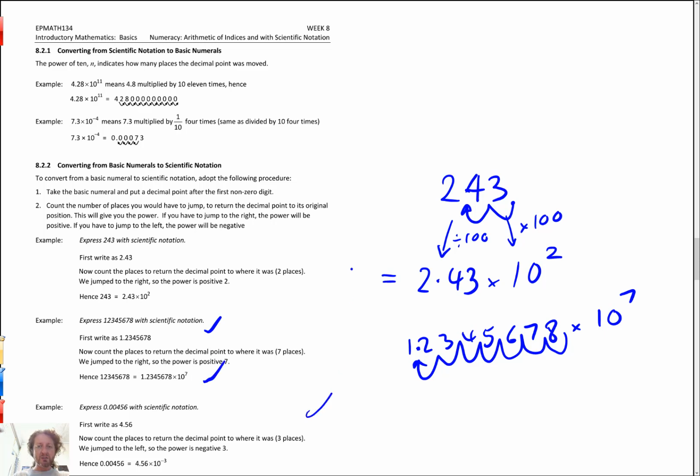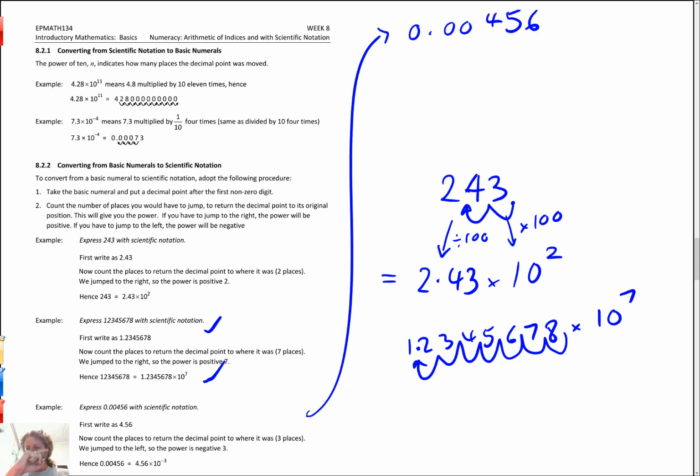And the last one there, I'll do it up here, 0.00456. Well, I know that I want the decimal point to be here. I want it to be 4.56 by 10 to the something. So if I'm going to call it 4.56, I've made this number a whole lot bigger. 1, 2, 3 moves bigger.